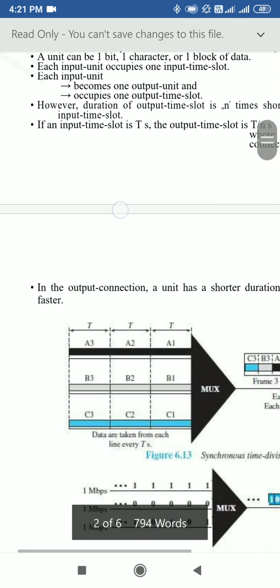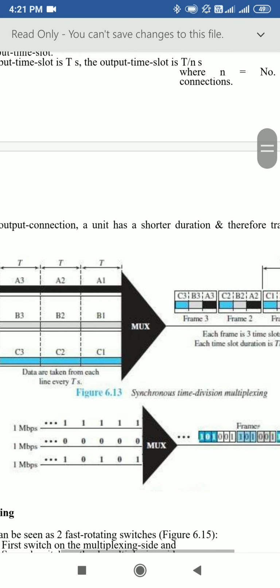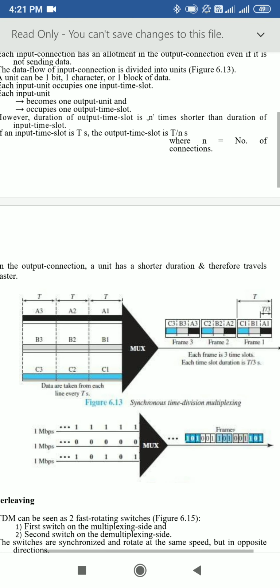Just go through this diagram, the first diagram, that is diagram 6.13. In synchronous TDM, each time slot is pre-assigned to a fixed user. So before the actual transmission of data, each time slot is pre-assigned to the fixed users.